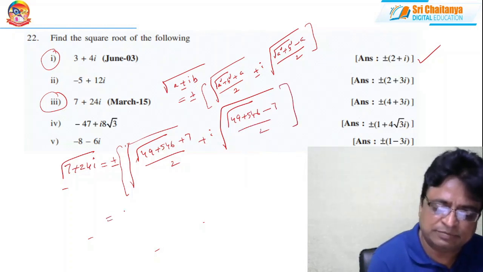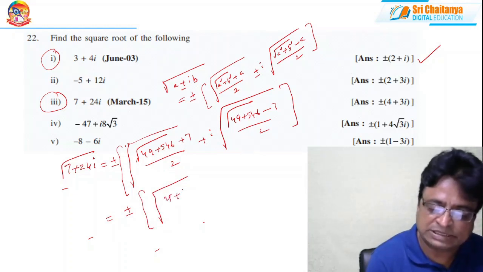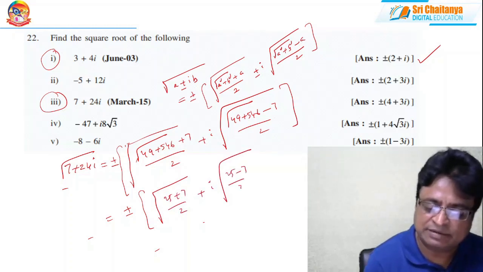This is equal to plus or minus root of (25 plus 7) by 2, plus i into root of (25 minus 7) by 2.